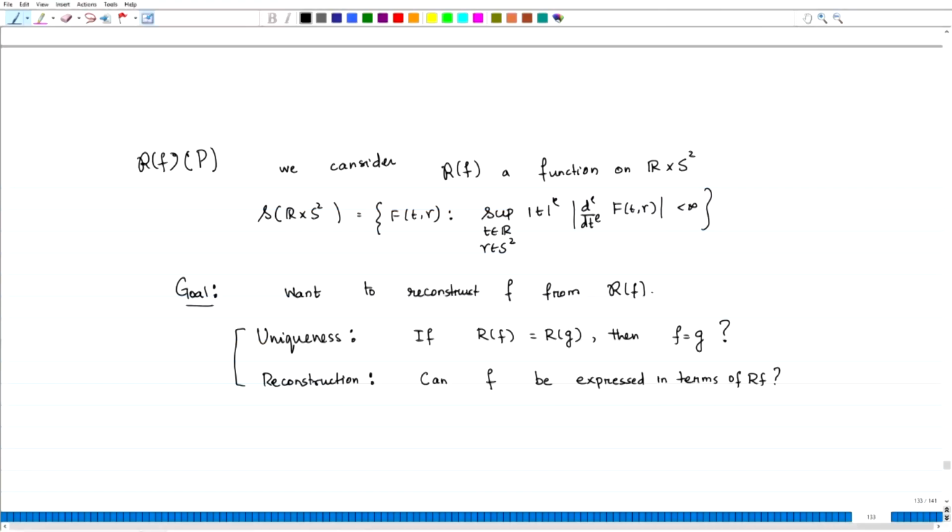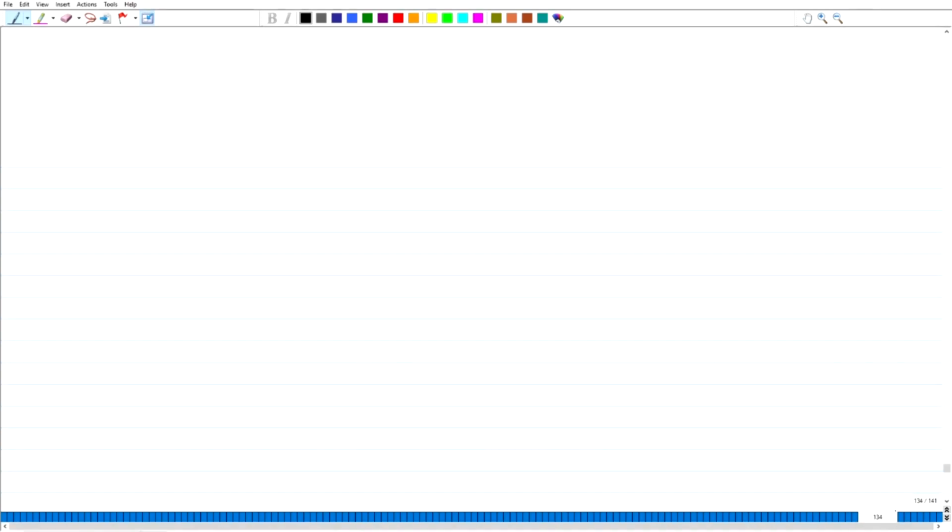Remember that Rf is a function on R cross S^2. For each fixed gamma in S^2, Rf(., gamma) is a function on R. So, now we can talk of the Fourier transform of this function for each fixed gamma, provided that if f is in the Schwarz space, Rf is integrable with some moderate decay.